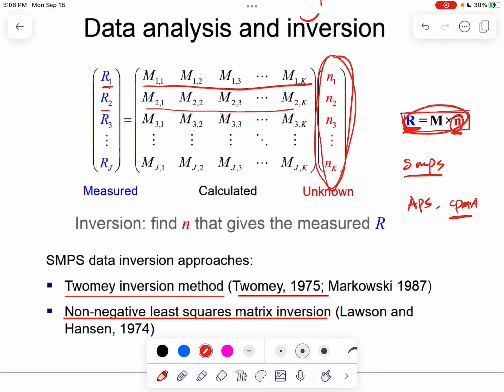So no matter which instrument you have, you need to consider the transfer function and also the data inversion, right? And if you talk to the vendors or the scientists creating these instruments, data inversion is always their top priority, which is to convert the response of the instrument to the actual measured value related to the aerosol property.